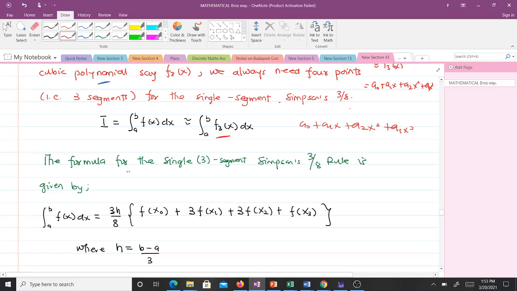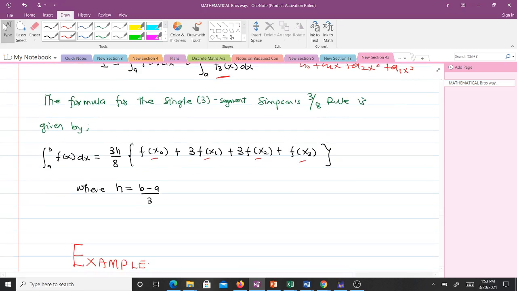So the formula for the single segment Simpson's 3/8 rule, which means we have n to be 3, I hope you get it, is given by the integral from a to b of f of x dx equals 3h over 8 times f of x0 plus 3f of x1 plus 3f of x2 then plus f of x3, where our h, that's the step size, is given by b minus a over 3.